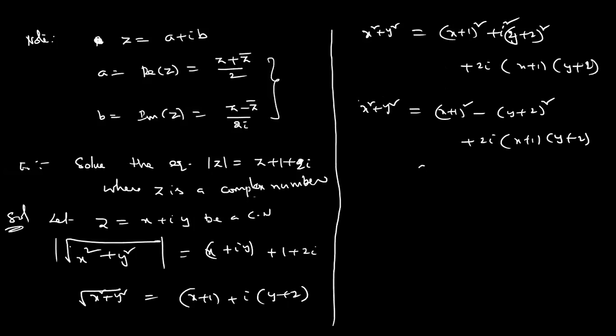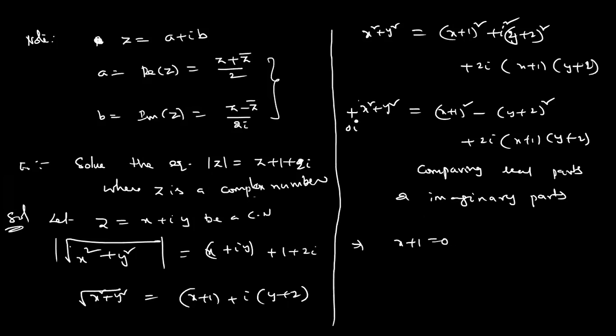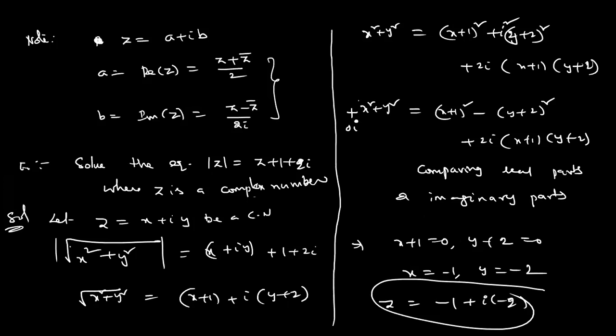So comparing real parts and imaginary parts, the second one is 0, I can write 0 plus 0i. That means x plus 1 is equal to 0, y plus 2 is equal to 0, so x is equal to minus 1, y is equal to minus 2. This is the complex number.